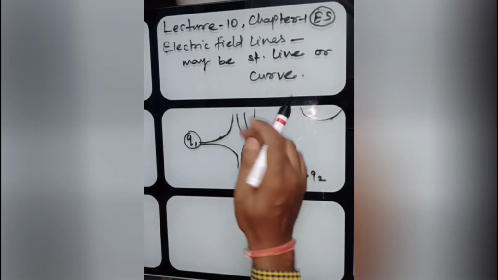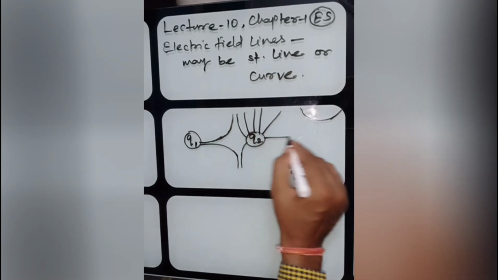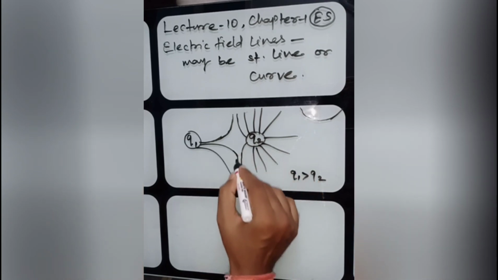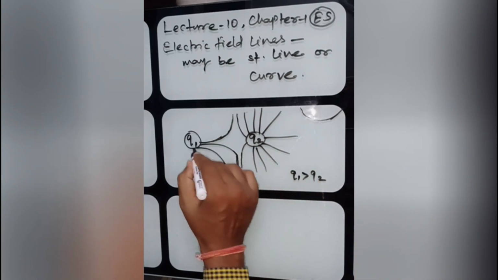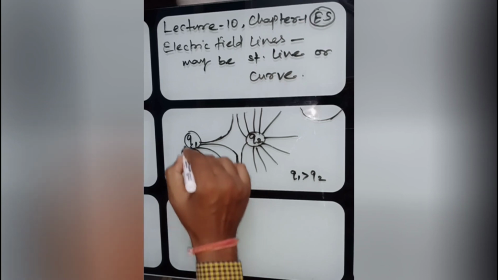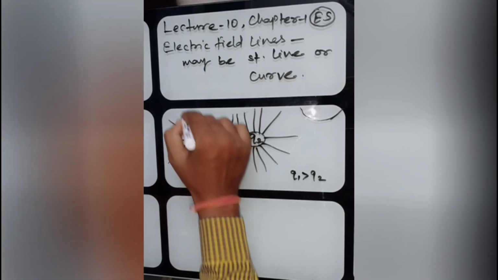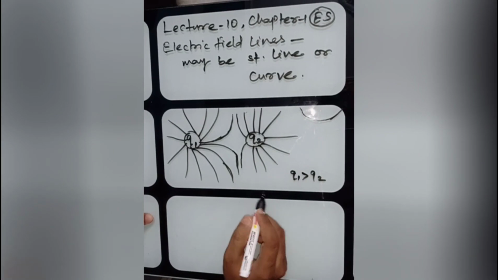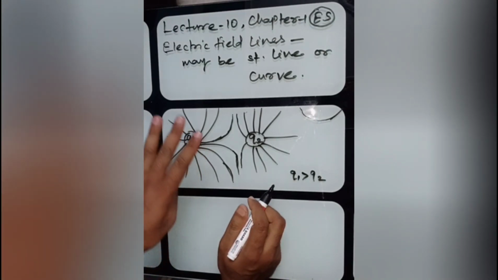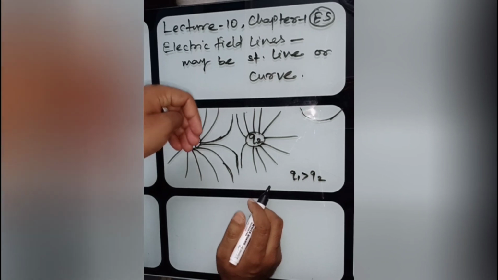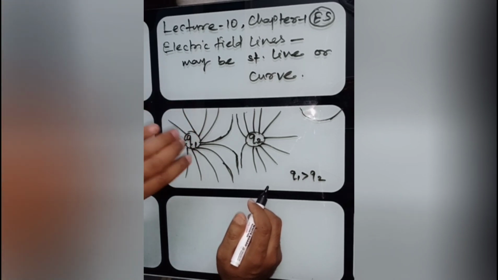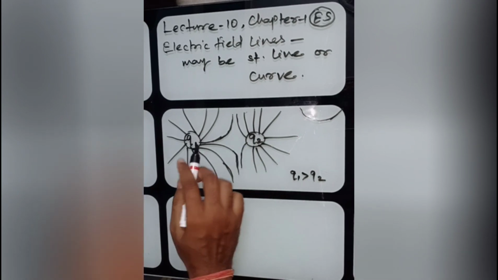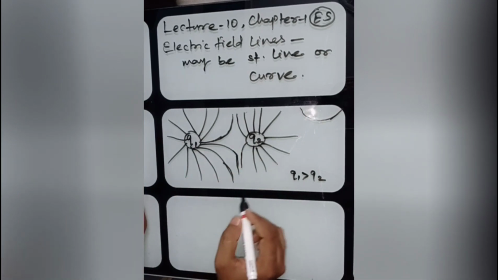In this way, the field lines will be there. This is the structure of field lines. You can see that for the charge Q1, which is higher in magnitude, its electric field extends to a larger distance and goes near Q2.